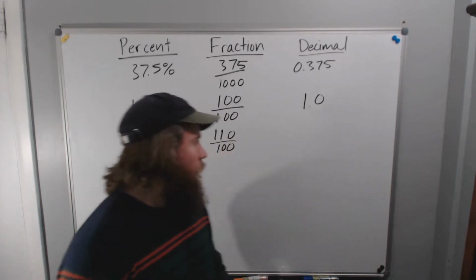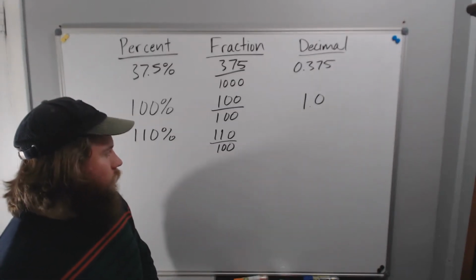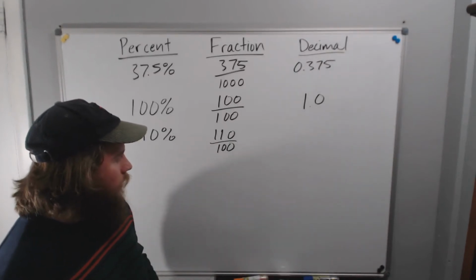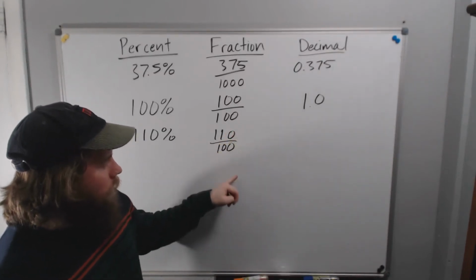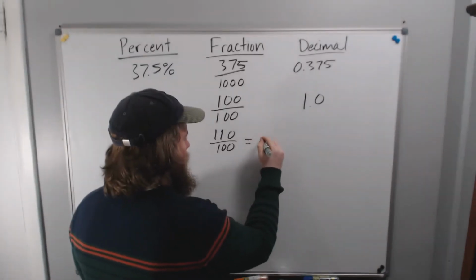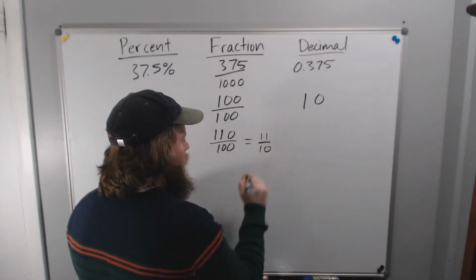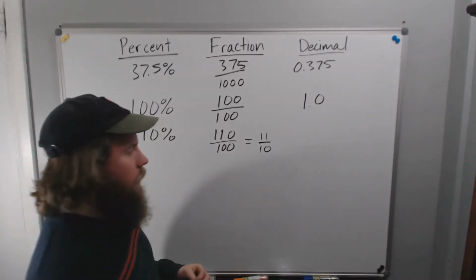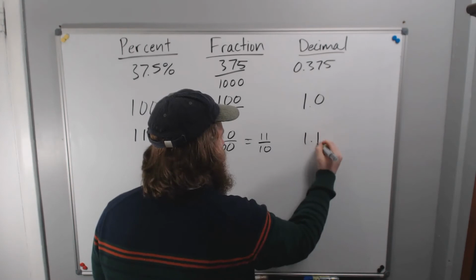Exact same concept here. So let's turn this into a decimal. 110 over 100. They're both divisible by 10, so we can drop off one of the zeros and get 11 over 10. And 11 divided by 10 is just going to give us 1.1.